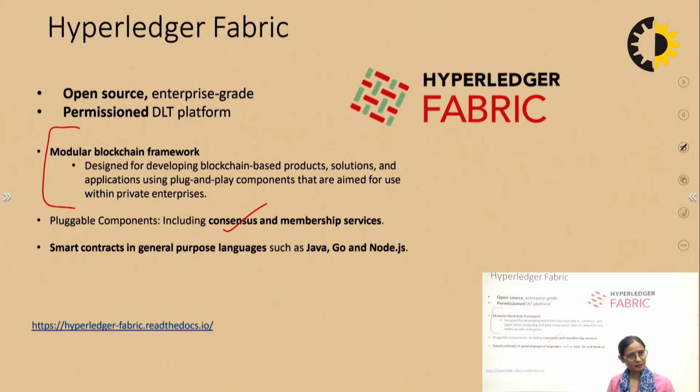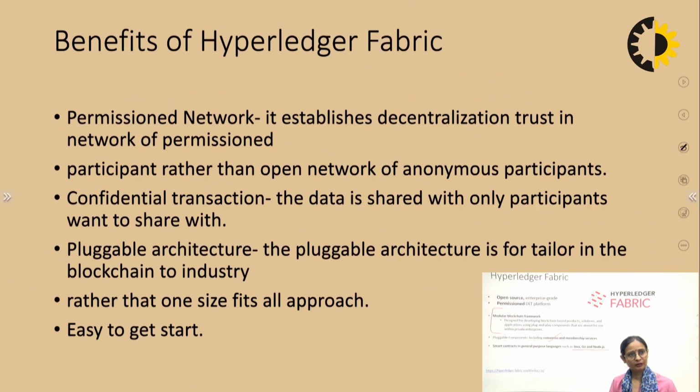Smart contracts can be designed in Hyperledger Fabric with general purpose languages, for example Java, Go and Node.js. That is, you don't need extra effort to learn some other programming language. If you are aware of Java, Go or Node.js, then you can work with Fabric very conveniently.